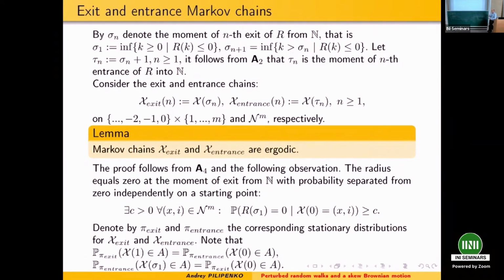It was my assumption that we enter the positive side immediately after the exit. But where below? Arbitrary. It's a part of a chain. If exits have stationary distributions, then entrance also has one.